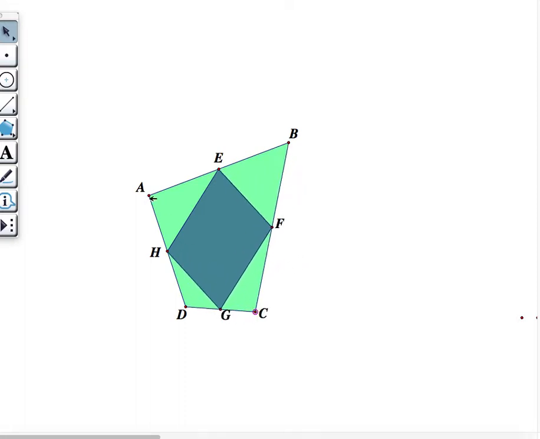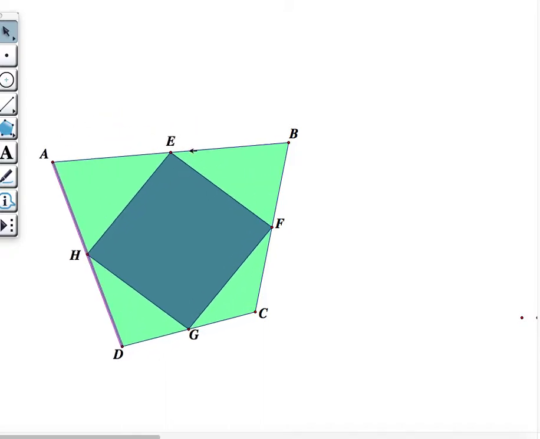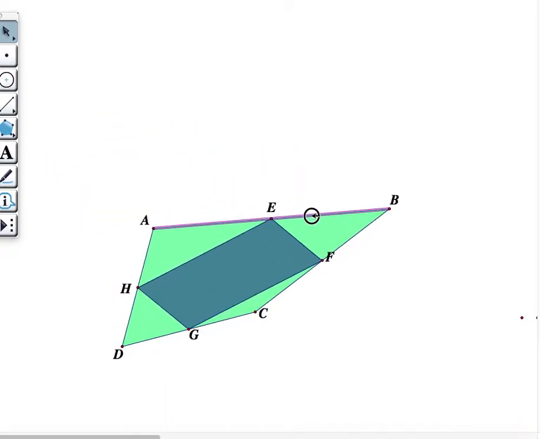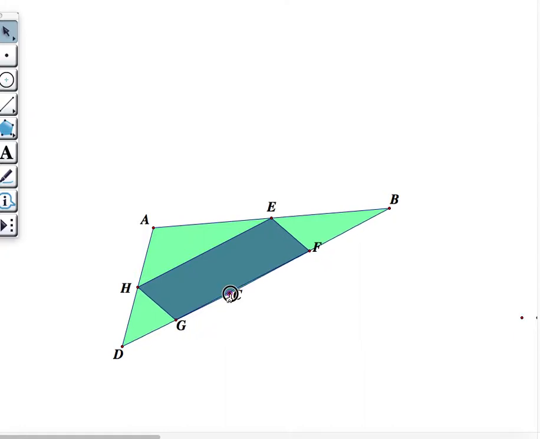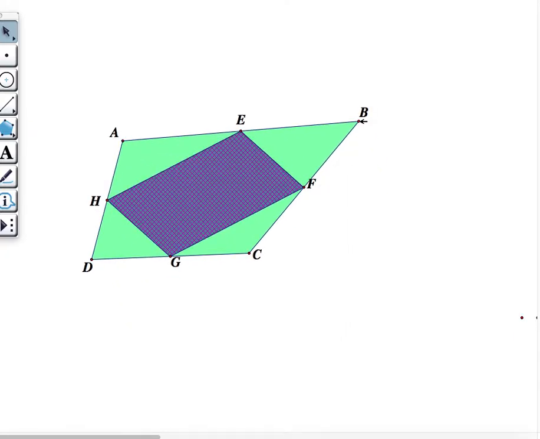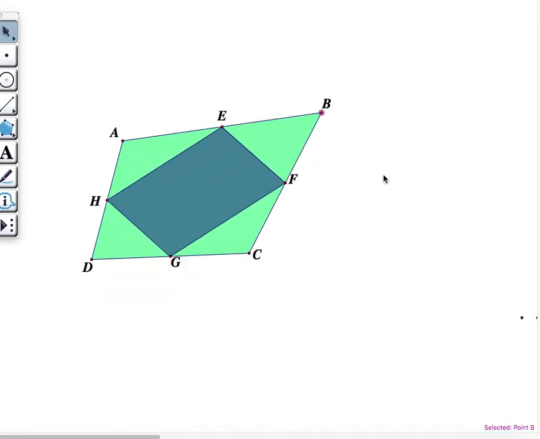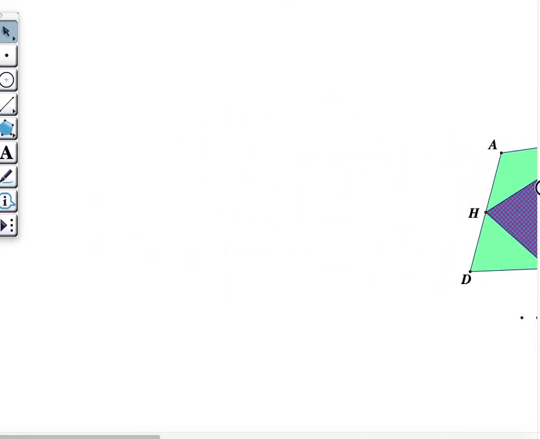And students are encouraged to come up with conjectures about the relationships between the various parts of this construction and of the midpoint quadrilateral in general. So I've come up with a few conjectures. Let's look at those now.